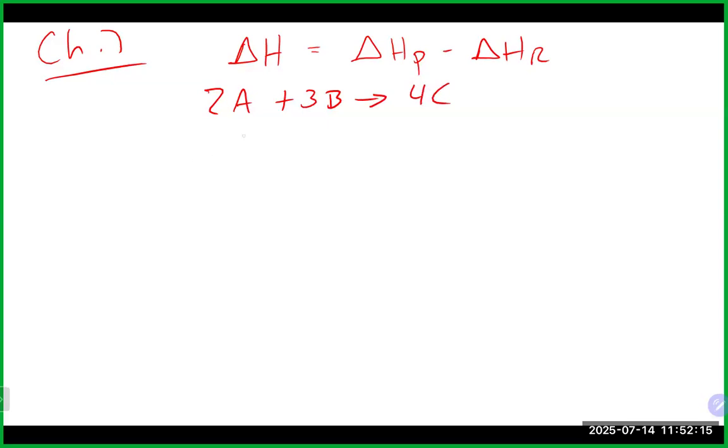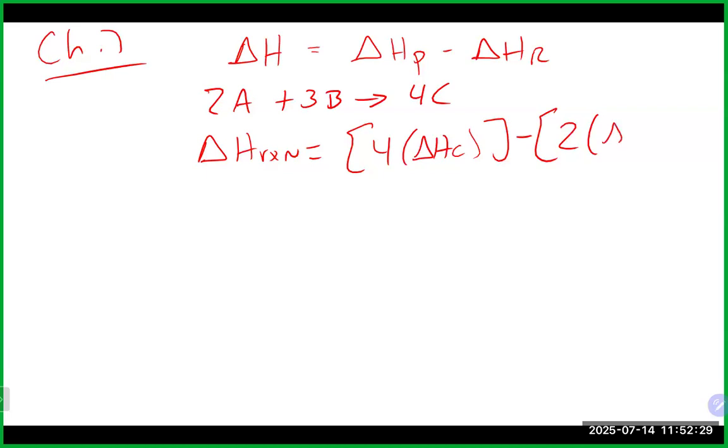So if we have coefficients, when we look up the values in the table, the delta H of the reaction would be 4 times the delta H value of C in this case, minus 2 times the delta H value of A, and that would be added to 3 times the delta H value of B. You want to make sure you look up things in the correct state.